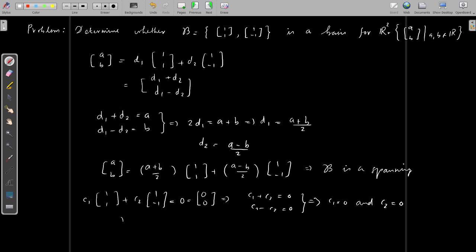So this shows that B is linearly independent. Therefore, B is a spanning set as well as a linearly independent set. Hence, it forms a basis. Hence, B is a basis for V. V is our R2 here. So we can say that B is a basis for the vector space R2.